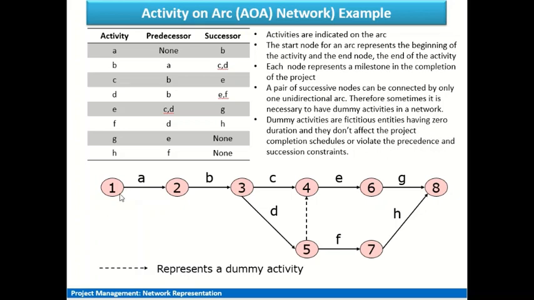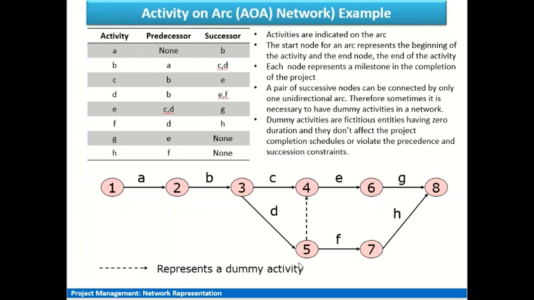There cannot be two, like from one activity there cannot be a second arc which connects some other node. So there has to be only one arc which connects the two nodes. Now for meeting these conditions, at times we have to incorporate what are considered as dummy activities or nodes.